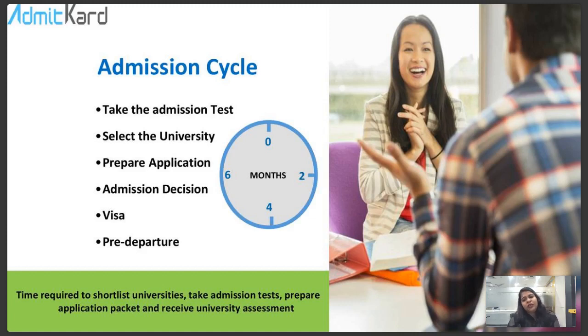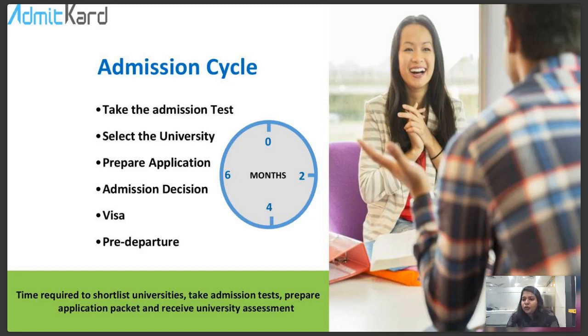Of course, there would be universities that would not require GRE. However, it depends on what kind of universities you want to apply to. A PhD is a fully funded program. Universities in the US provide you a stipend as well to take care of your living while you are in the US. However, I would suggest you at least have a GRE score so that you increase your chances.